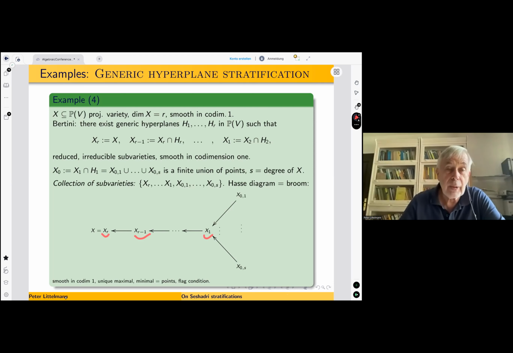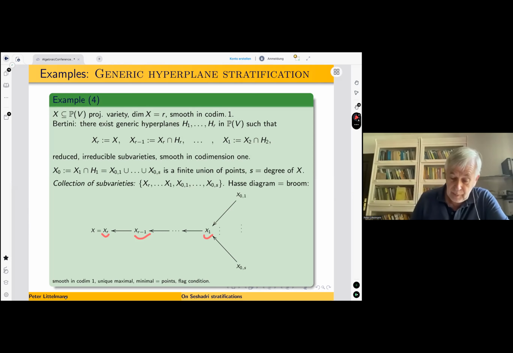And by Bertini, we know that they are all reduced and irreducible, and if I choose them generic enough, these varieties are also all smooth in codimension 1. So in particular, in the last step, we have a smooth curve, and when I intersect this with the last hyperplane, which I haven't used yet, then I get a finite union of points, exactly s points, where s is the degree of the embedded variety.